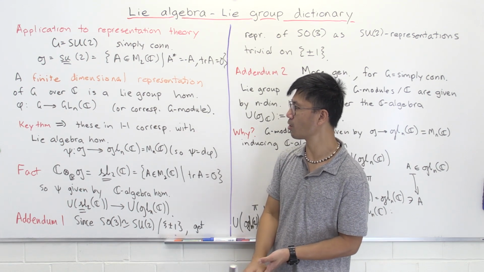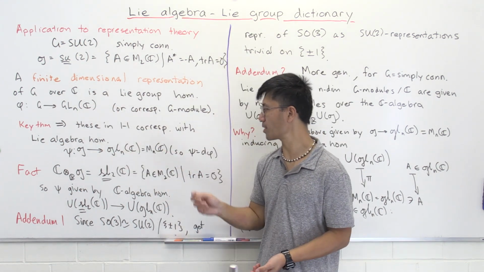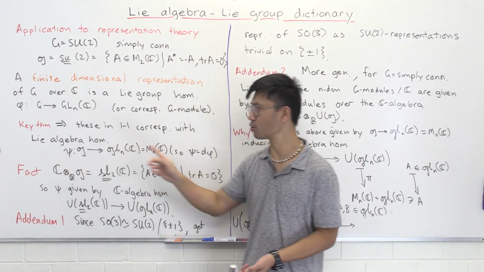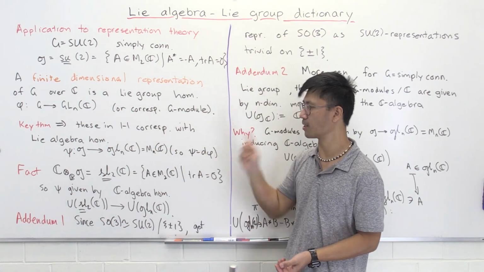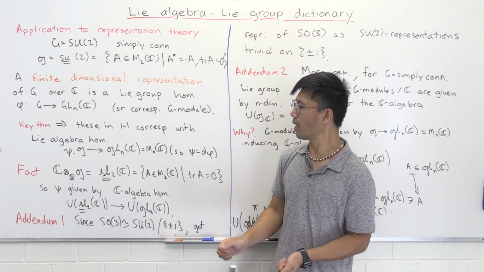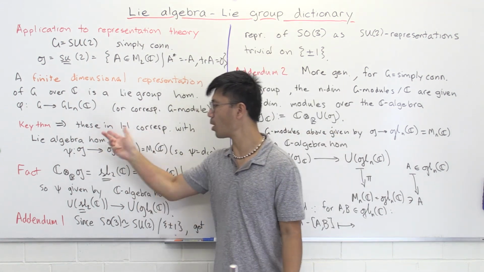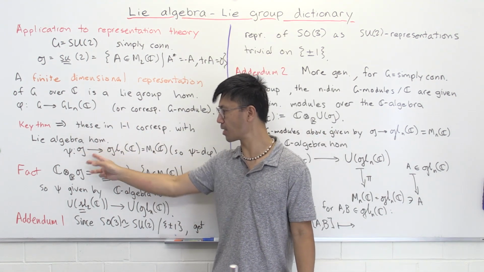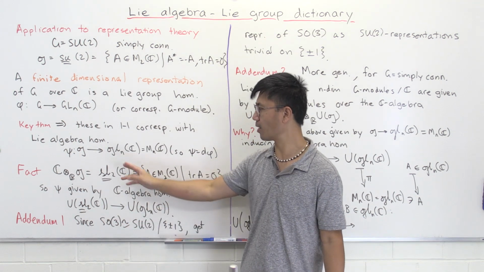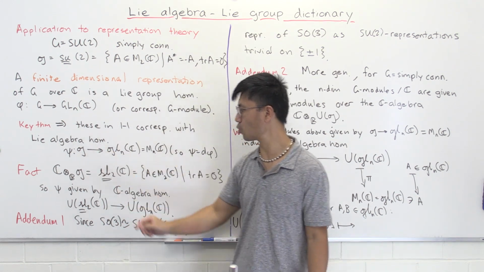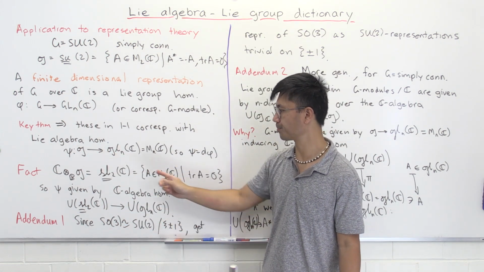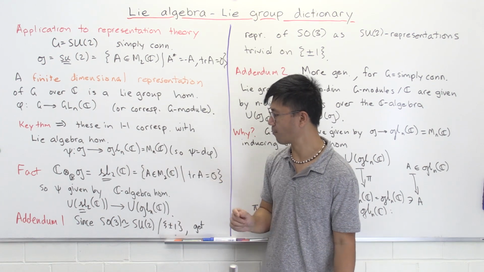The link between these two is that this psi will be the derivative of phi, psi equals d phi. To give a Lie algebra homomorphism, I just need to give a lift of this to the universal enveloping algebras.